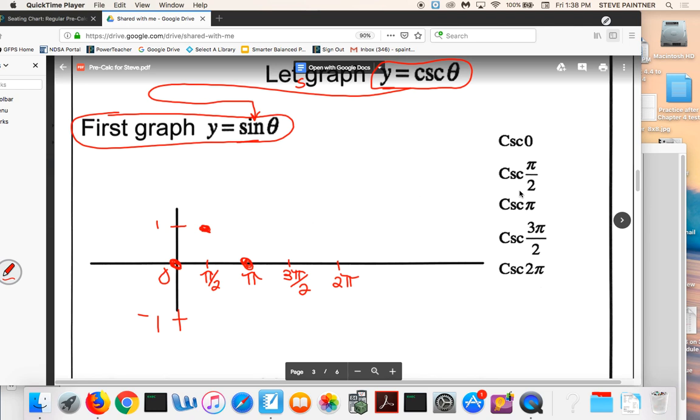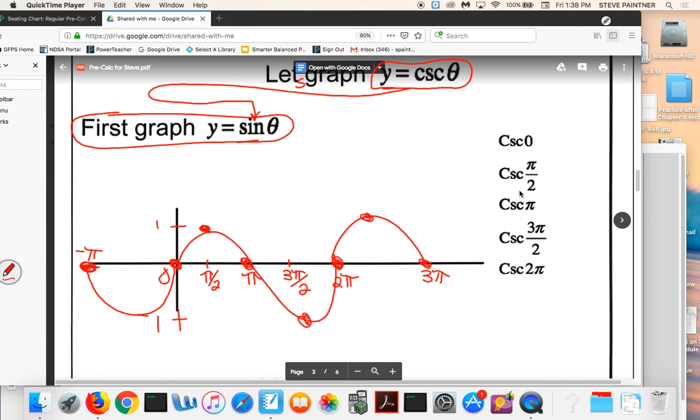Then where? Minimum, then midline, then max, then midline. So this is pi, this is 2 pi, this is 3 pi. Actually, it goes here. This would be negative pi. You okay with that?